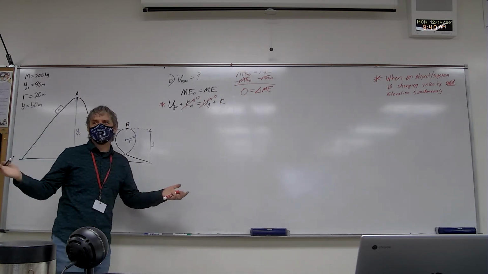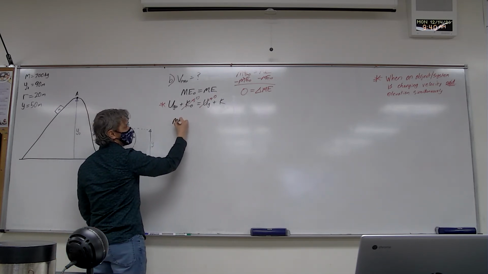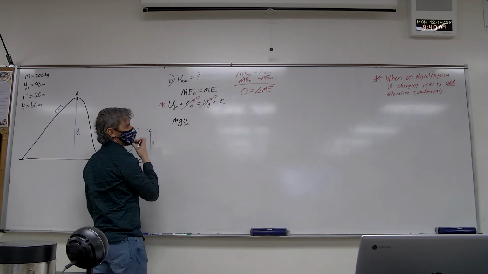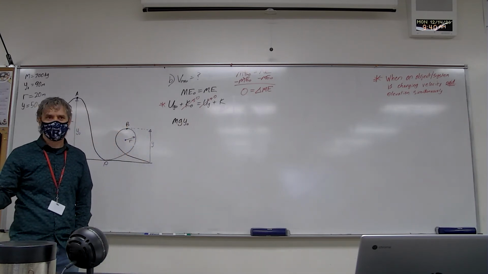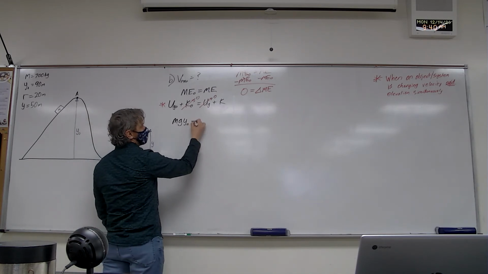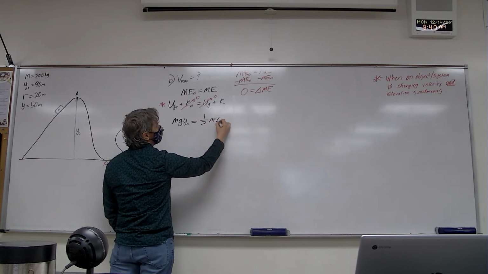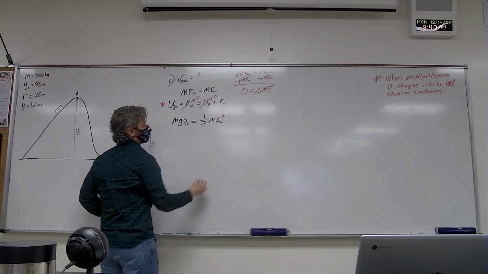As you'll see, we literally get the same equation. Initial gravitational potential, mg times the initial height. But now we don't have to do any right triangle trigonometry stuff because it's not a pendulum. So mg times the initial height is going to equal the final kinetic, which is 1/2 mass times our maximum speed squared.